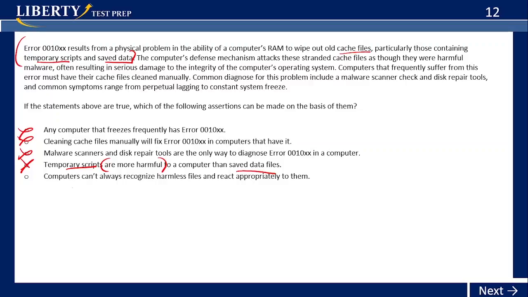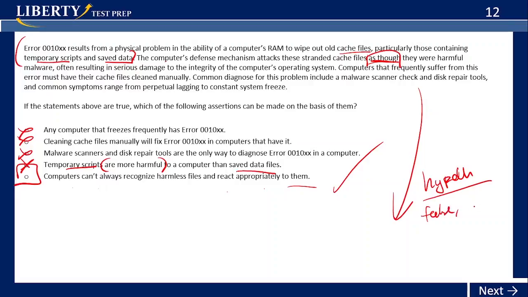Last one. Computers can always recognize harmless files and react appropriately to them. Yes. Why? That's the answer. Why? What do you think? Because they say the computer's defense mechanism attacks these stranded cache files as though they were harmful. What does it mean? As though they were harmful. "As though" is a keyword for something that is hypothetical, usually indicating that something is false, unreal, right? Which means by saying that as though they were harmful, it means that in reality, they are not harmful.